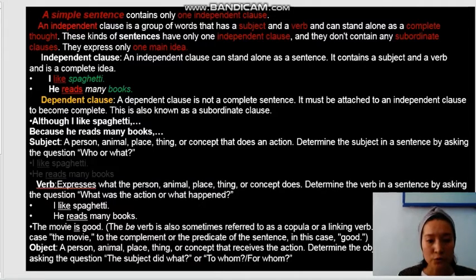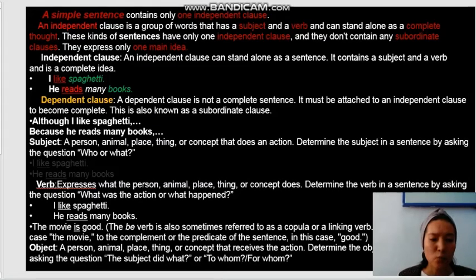He reads many books. Verb expresses what the person, animal, place, thing or concept does. So we should determine the verb in a sentence by asking the question, what was the action or what happened? I like spaghetti. He reads many books.